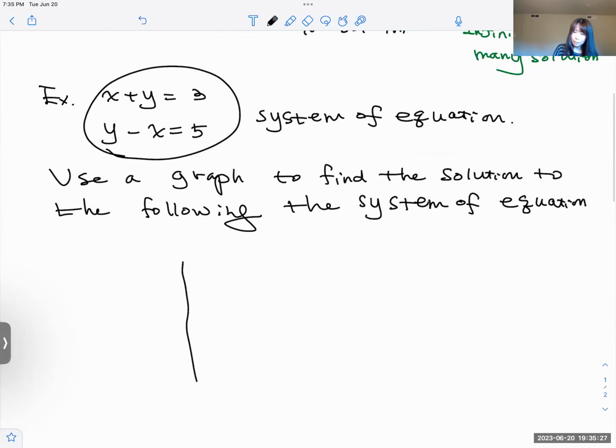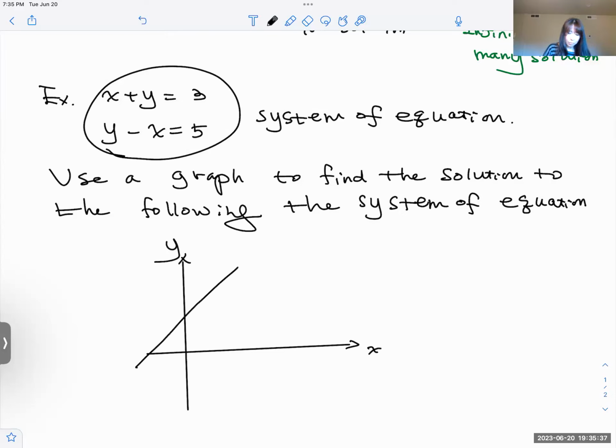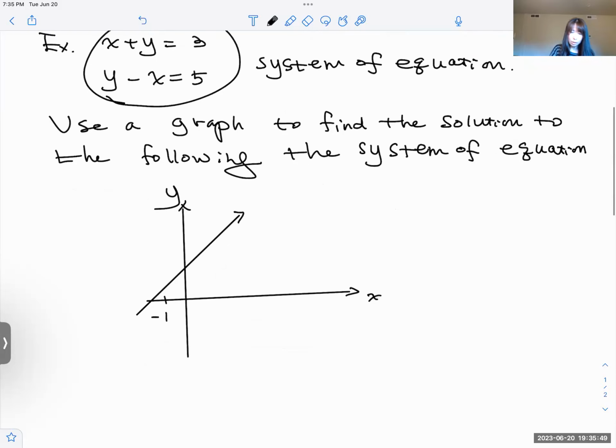Okay, so we have... I'm not good in this. Hold on one second. I will make it a little bit bigger.